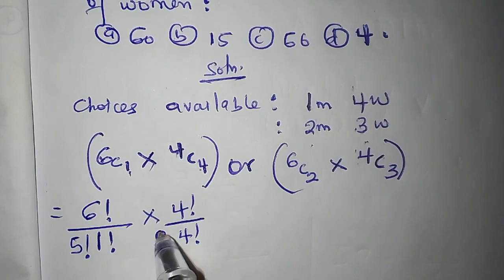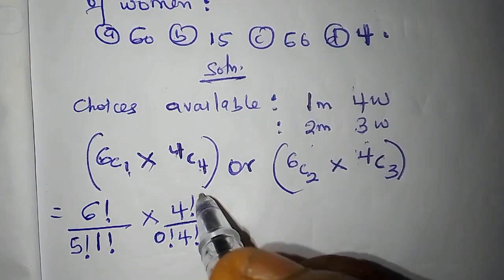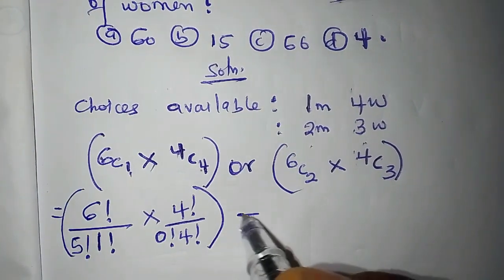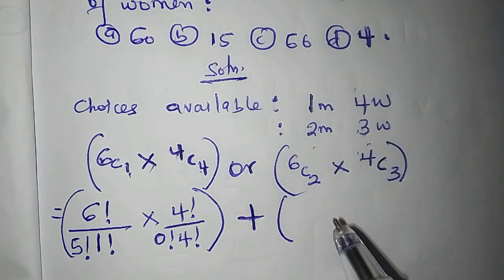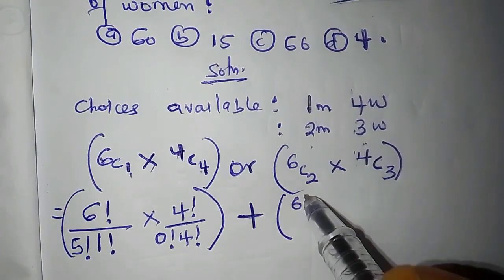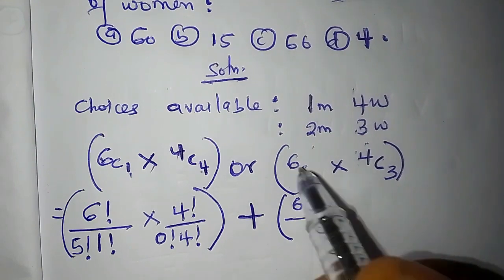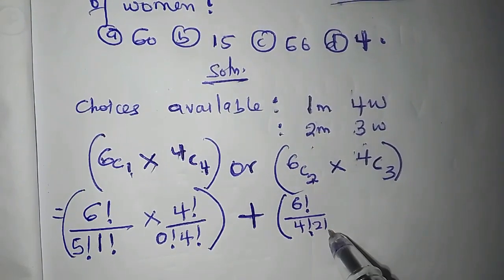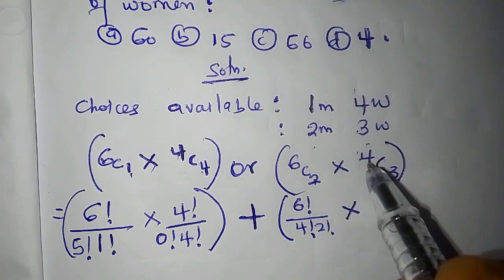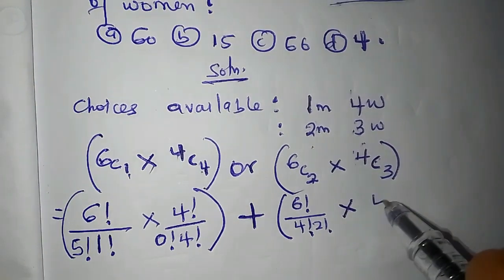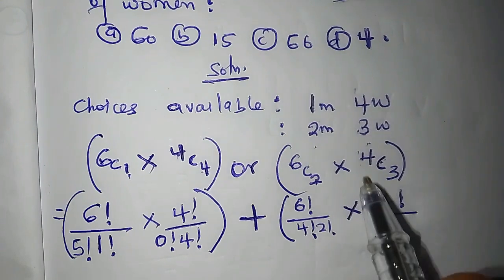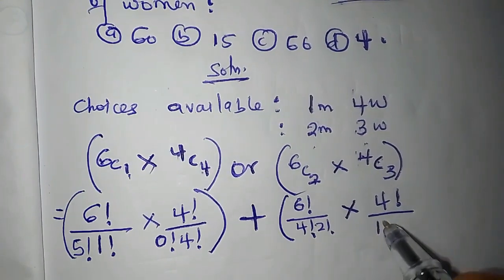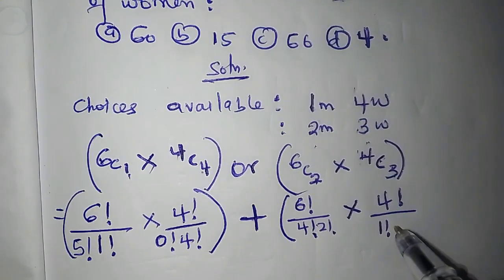Let me put the 0 factorial here. Then this all is addition. 6 combination 2, 6 factorial, all over 6 minus 2, 4 factorial, then 2 factorial itself, times 4 combination 3, that's 4 factorial, all over 4 minus 3, 1 factorial, then 3 factorial itself.